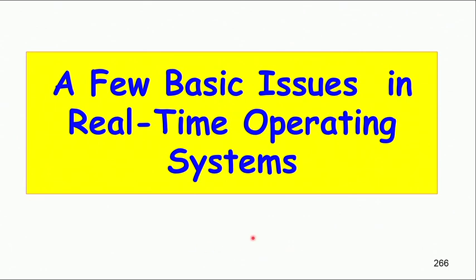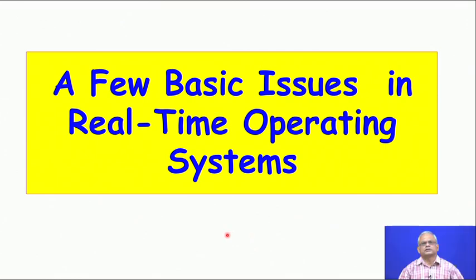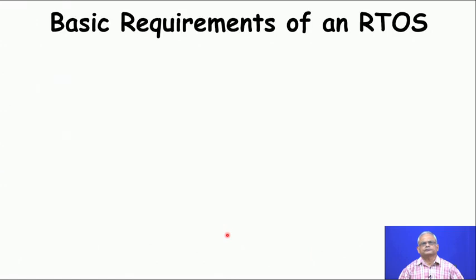So far, we have been looking at a very central issue of all real time operating systems, that is task scheduling. Now, let us look at some issues for real time operating systems. Can we distinguish a real time operating system from a traditional operating system, or in other words, can we identify how a real time operating system differs from a traditional one?